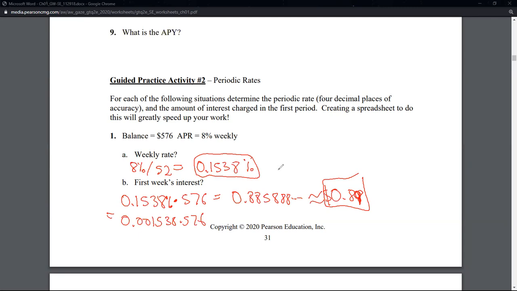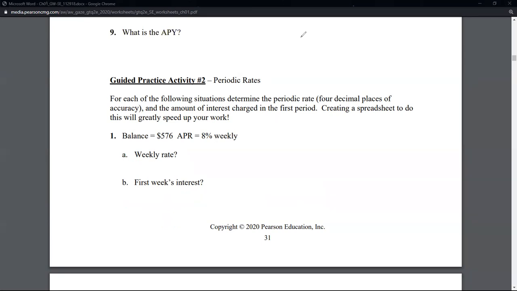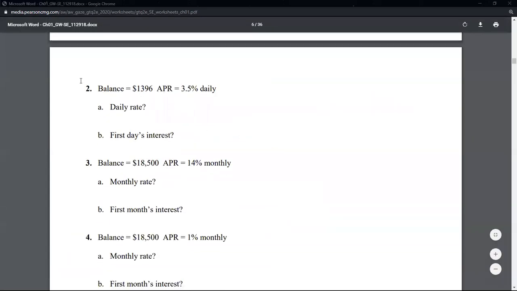There are 4 more. I have to clear the screen, but that's all you're doing. You're taking the percentage and you're dividing it by the number of weeks or months or days or whatever. And then for part B, you're taking that percentage as a decimal and multiplying it by the balance. So it's clear. Take off annotate. So for 2, you'll take the 3.5%, you'll divide it by 365.